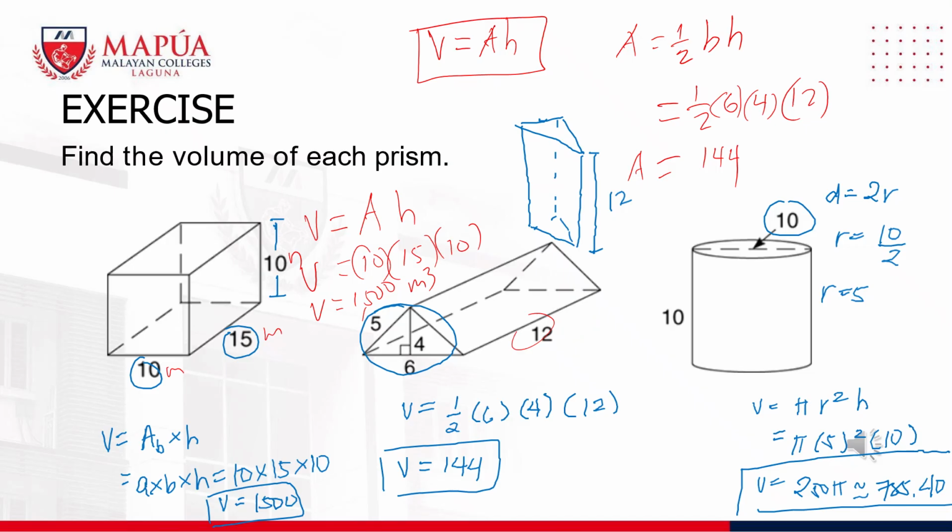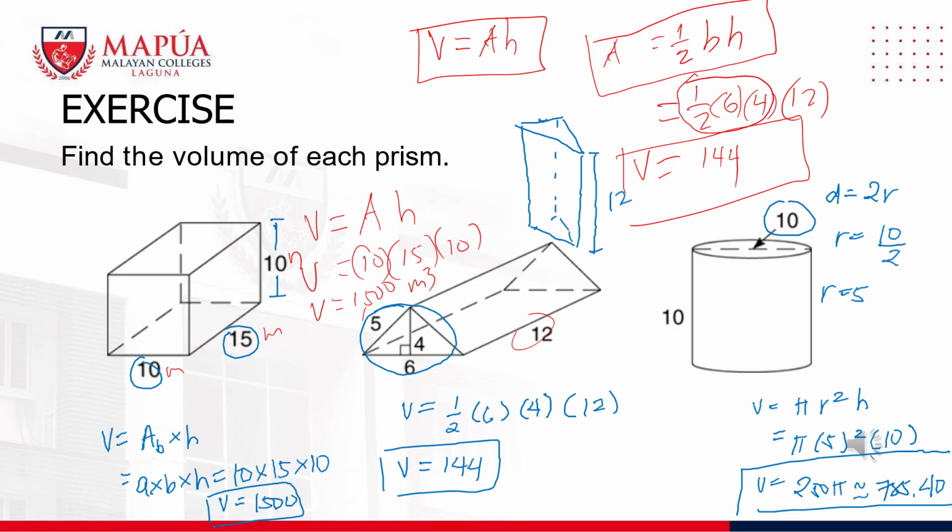Or if that is in inches, then inch cube. So this is the area. Sorry, this is not area, this is the volume. Sorry class, the area of the base is equal to 1/2 BH. So this is triangular, and when you multiply this by the height, which is 12, this becomes the volume.